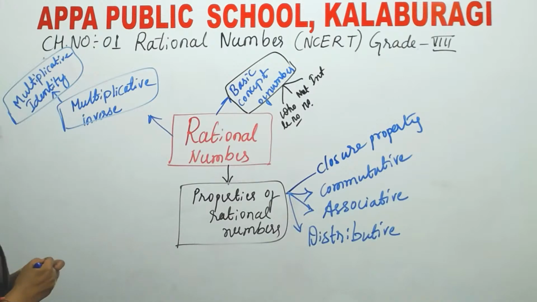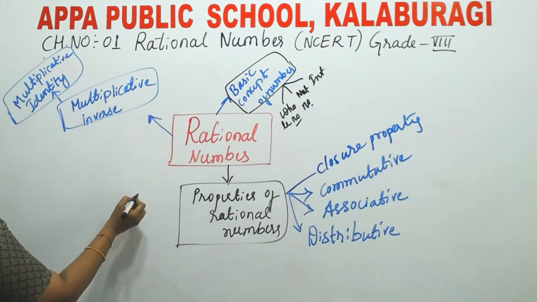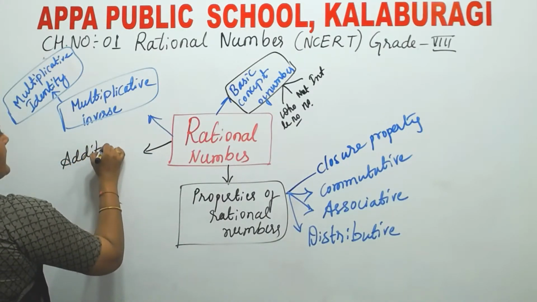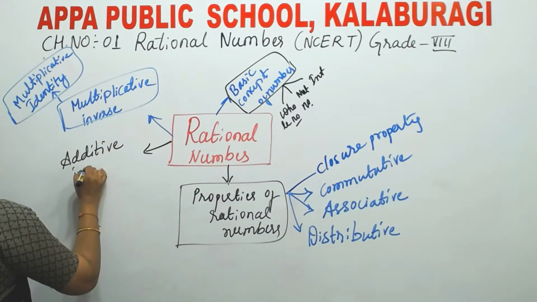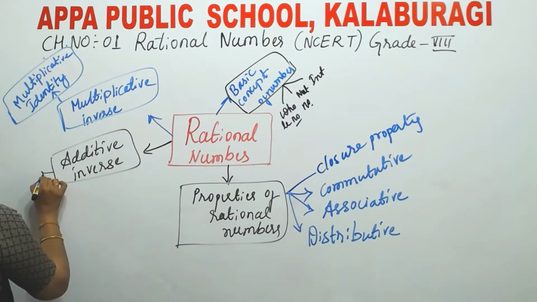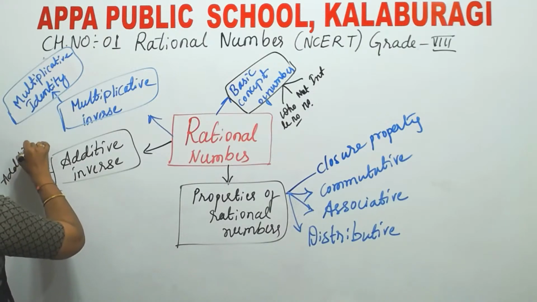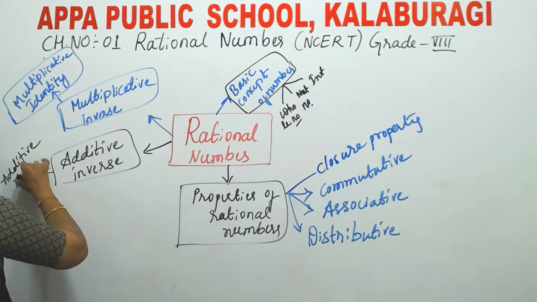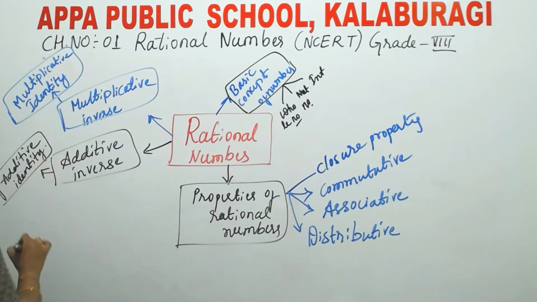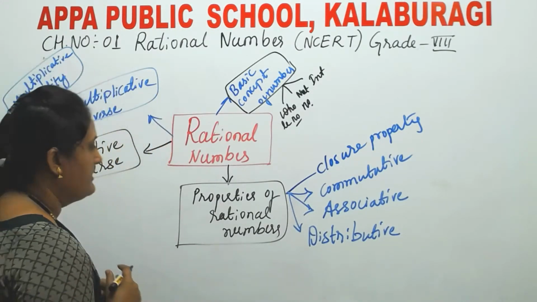Then again we have learned additive inverse, right? In this we have learned additive identity. Can anybody tell me which is the smallest rational number?